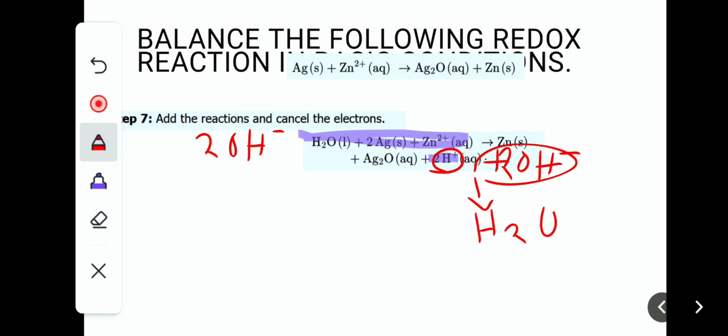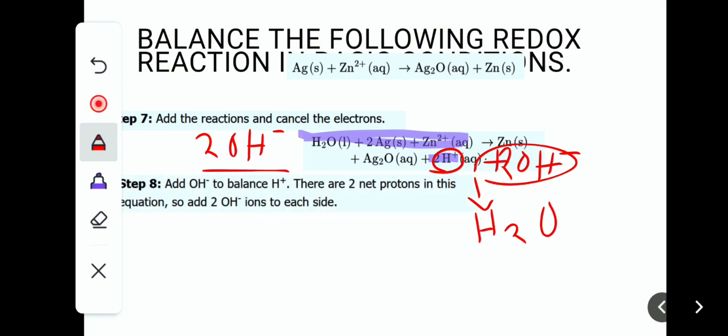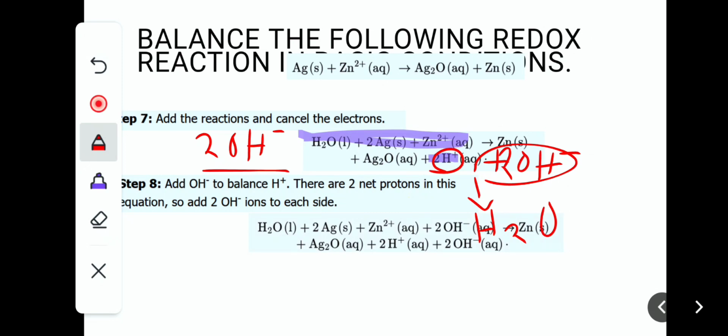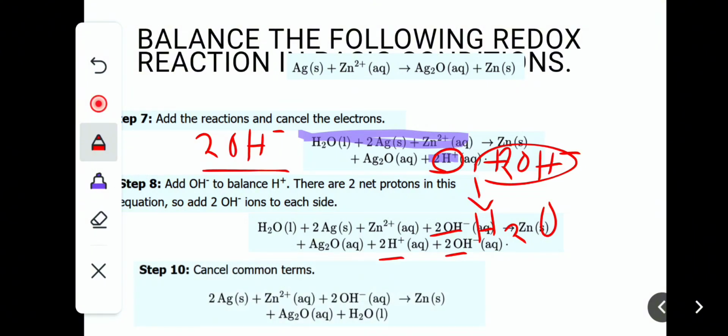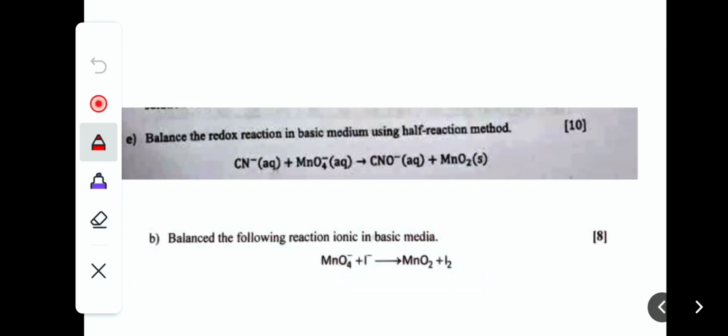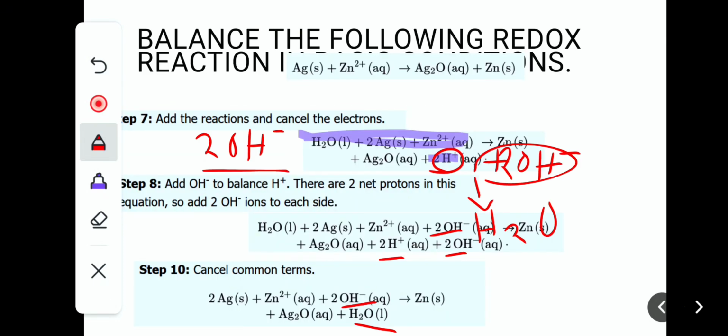This one doesn't have anything to combine with, so it's just going to be alone. So we're going to have the 2OH here, and these two are eventually going to make water like that, and we're going to have the 2OH remaining there. So this is basically how you're going to balance.